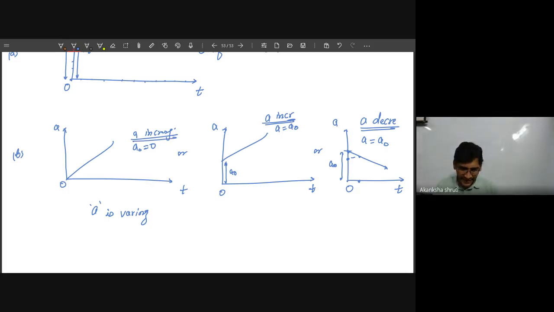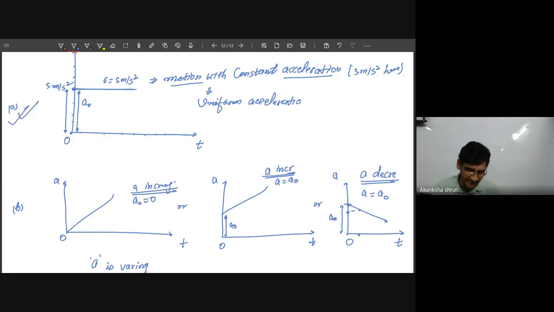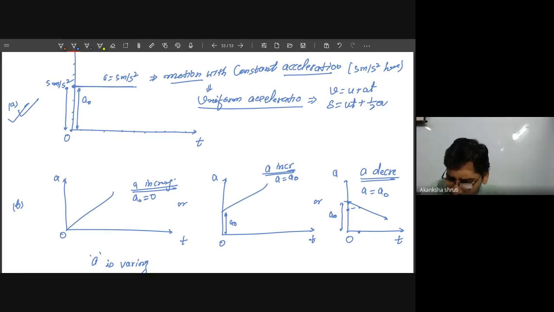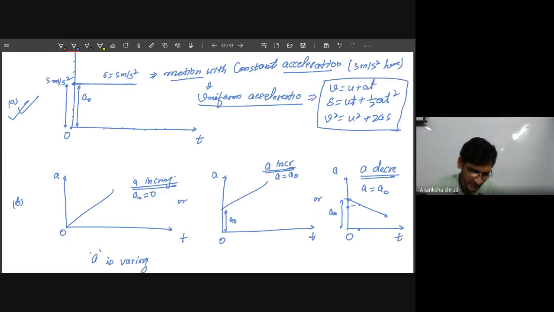Now, what is the significance of this acceleration? A student, at your level, it is only this first case that we have to learn, the uniform acceleration. For this uniform acceleration, we have three kinematic equations: V equals U plus AT, S equals UT plus half AT square, and V square equals U square plus 2AS. These three equations are applicable for this first case, meaning uniform acceleration only.